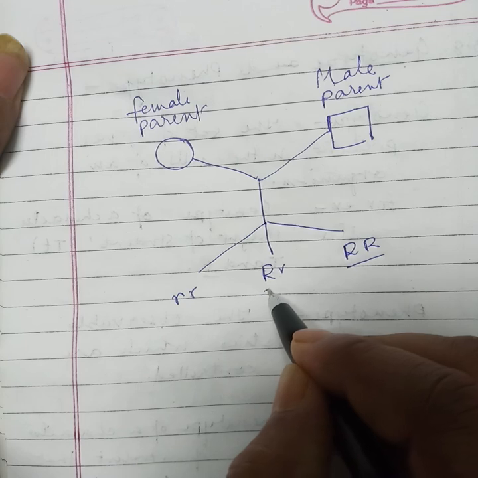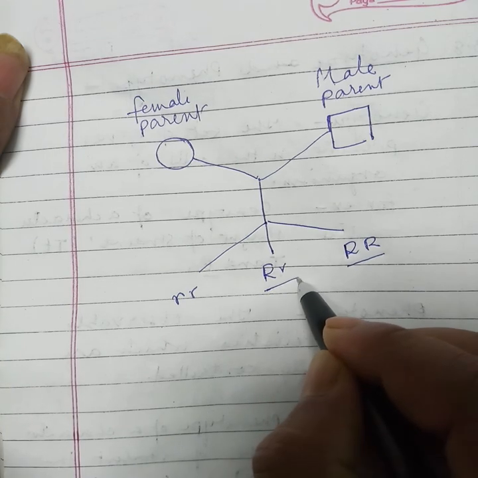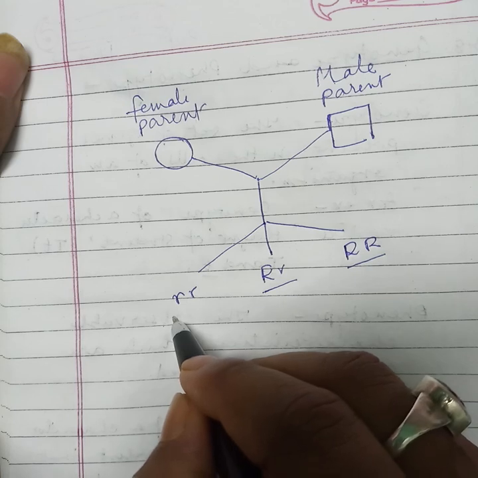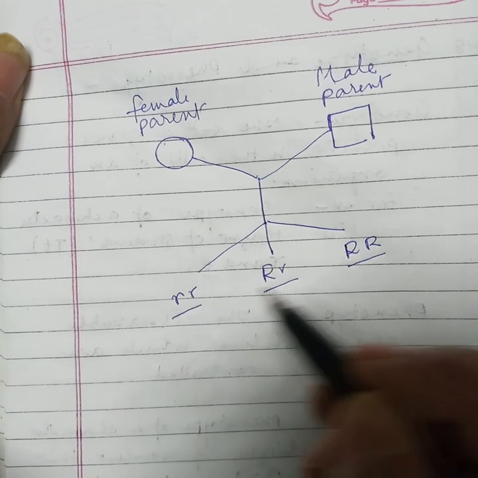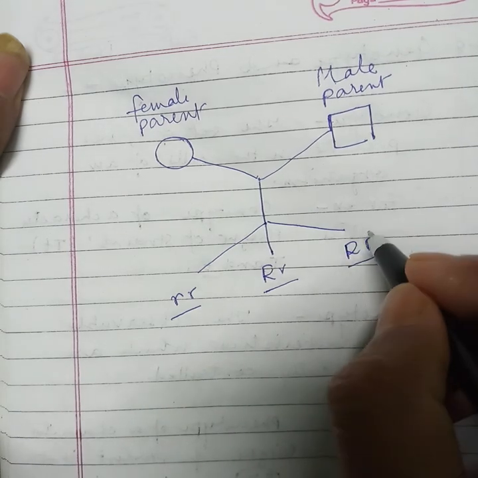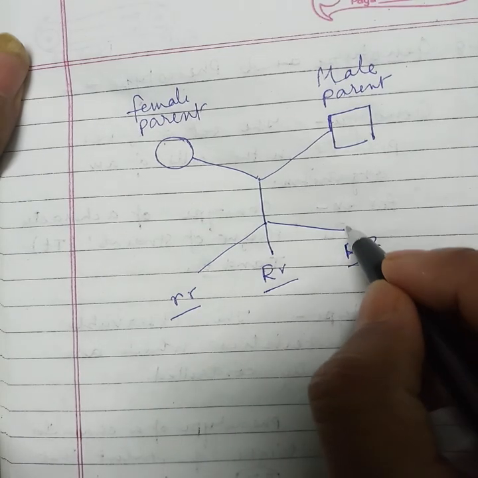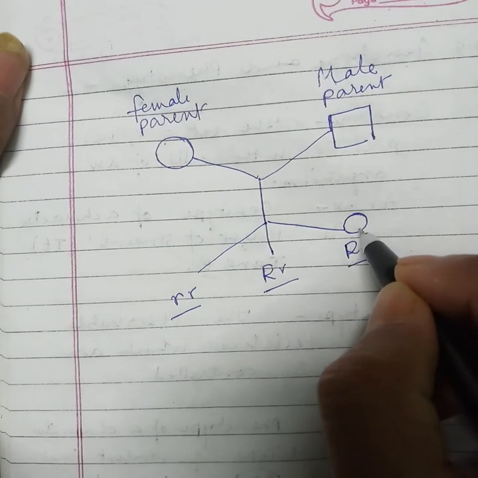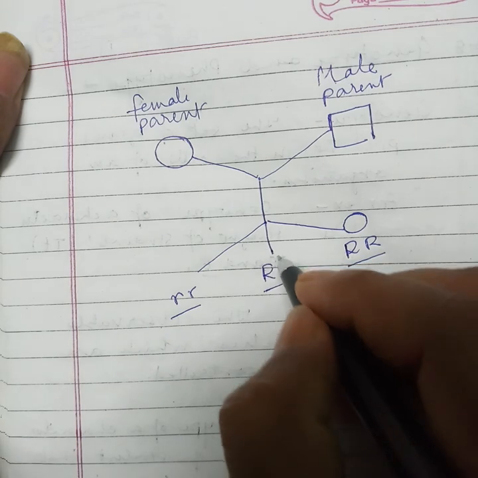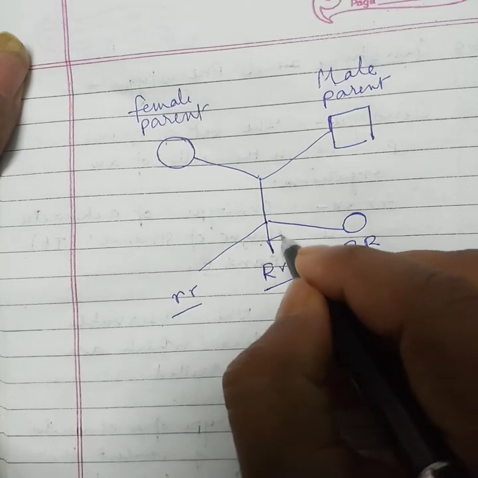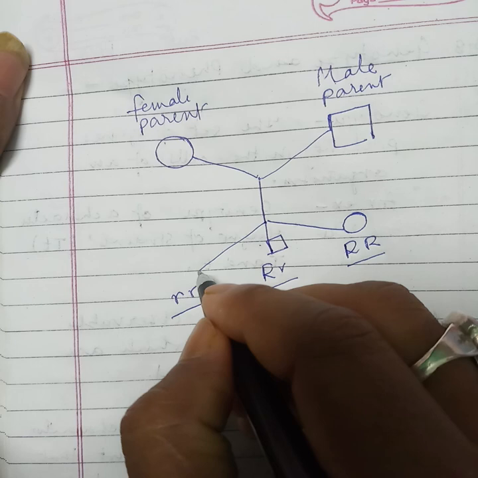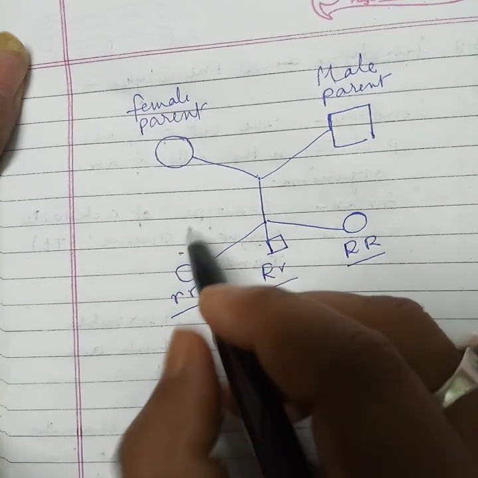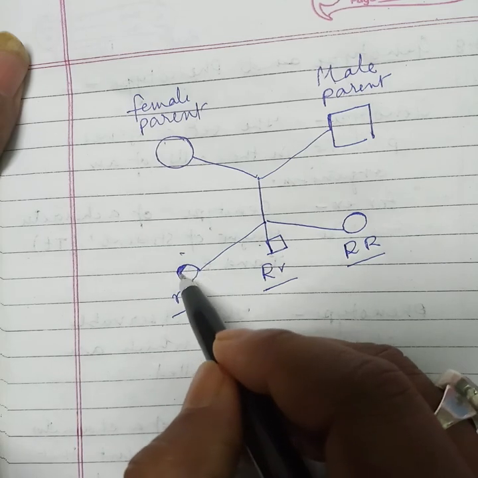The second one is said to be heterozygous dominant, and the third one is said to be homozygous recessive. So the first child is shown by a circle, the second child is shown by a square, and the third child is shown by a circle, but this circle should be dark.